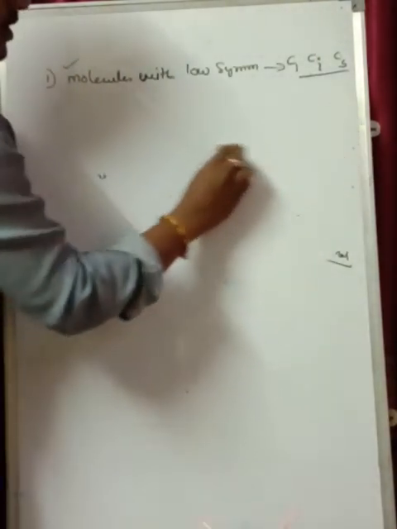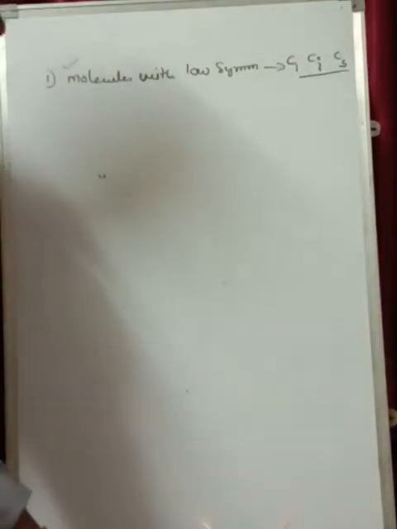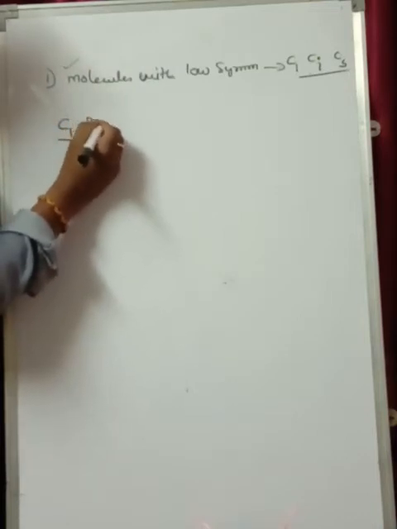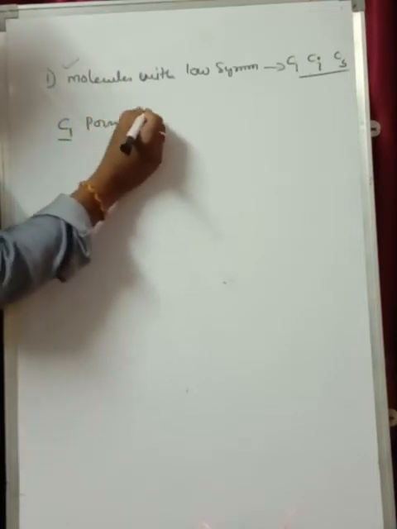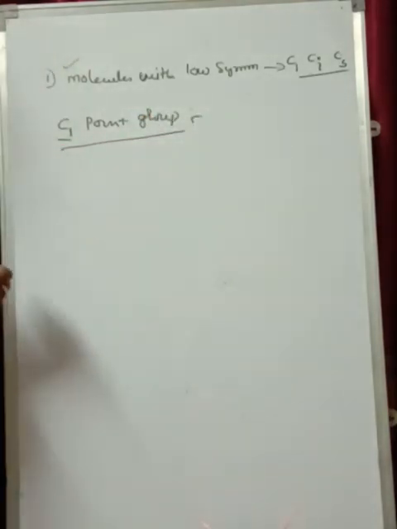Now we are going to try to understand the molecules with low symmetry elements. First we shall take the example of the C1 point group. Which molecules come under the C1 point group? All asymmetrical molecules.